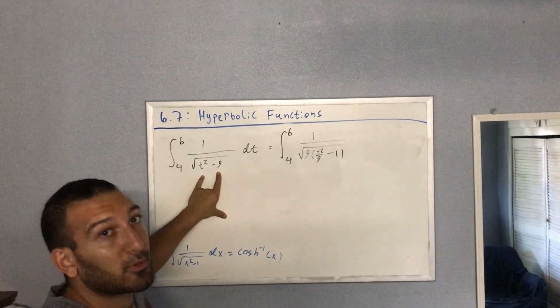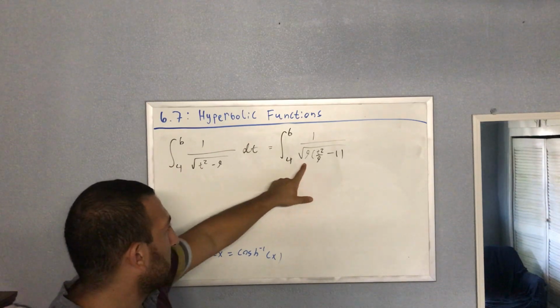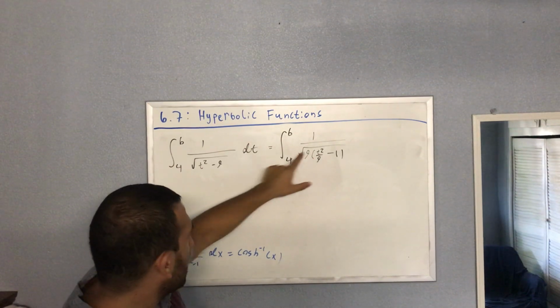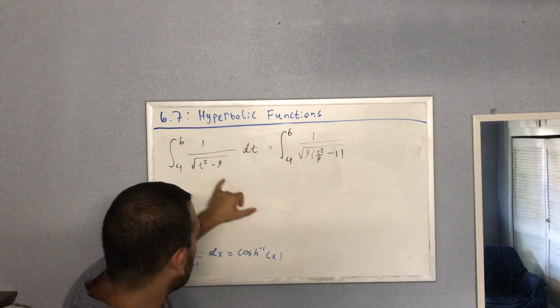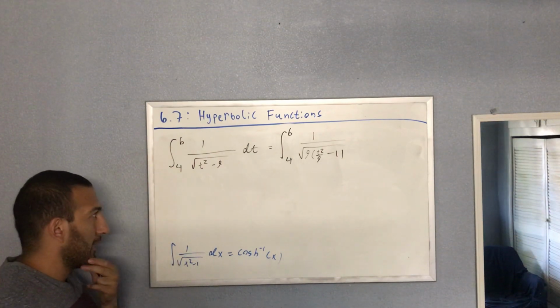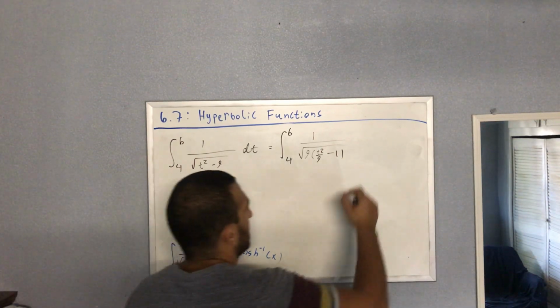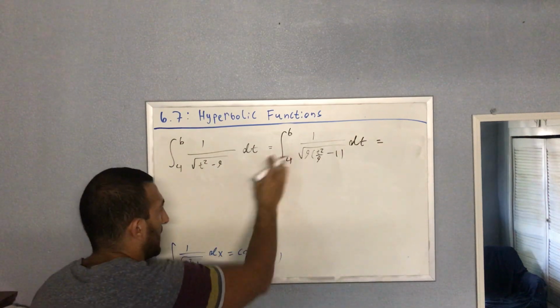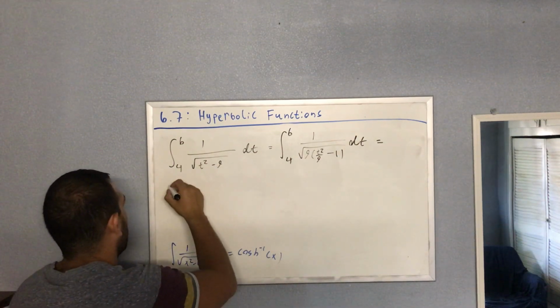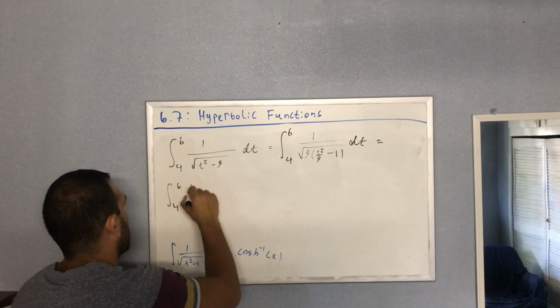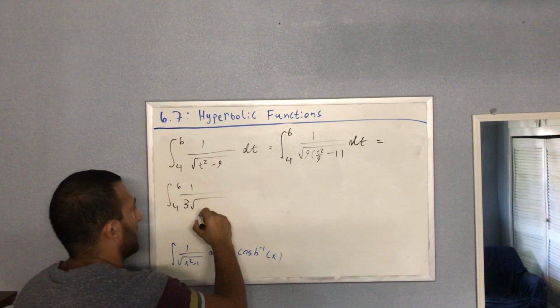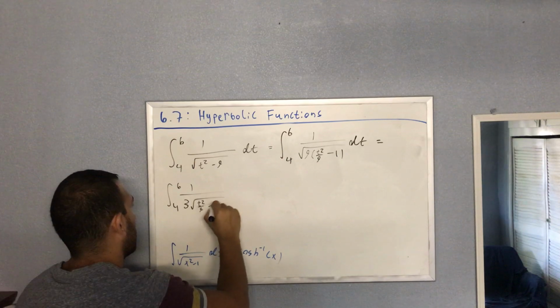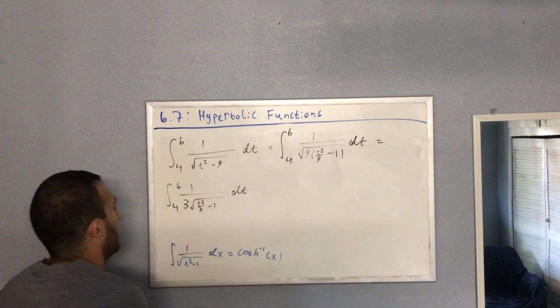Division and multiplication undo each other. If you distribute the 9 here, you get t squared, and the 9 there, you get minus 9. What's nice is that this 9 pulls out of the square root as a 3. So you get a 3 here, and t squared over 9 minus 1.